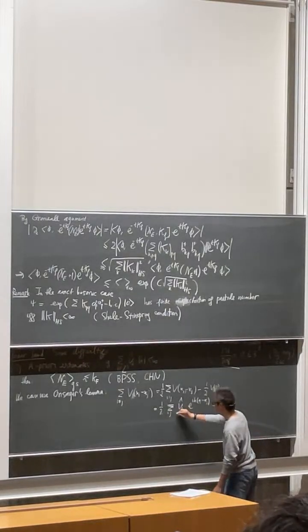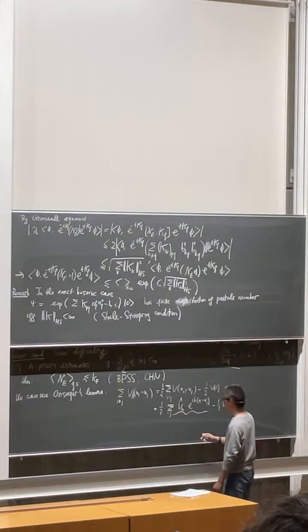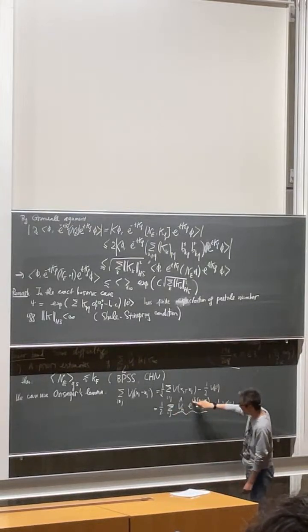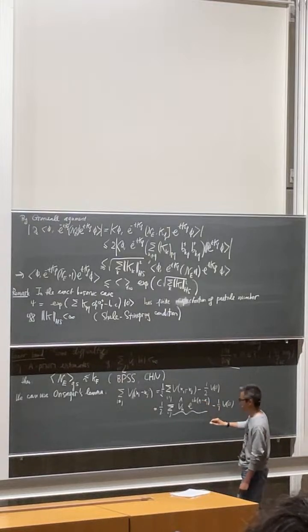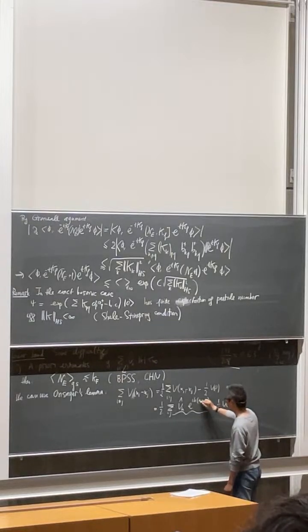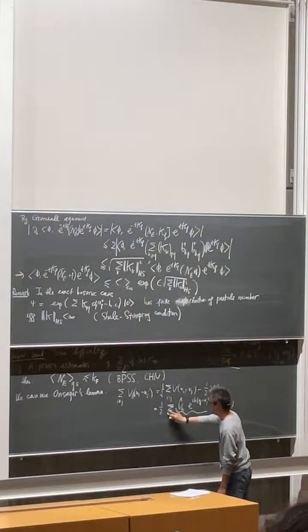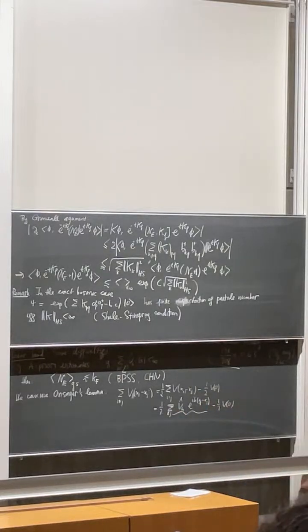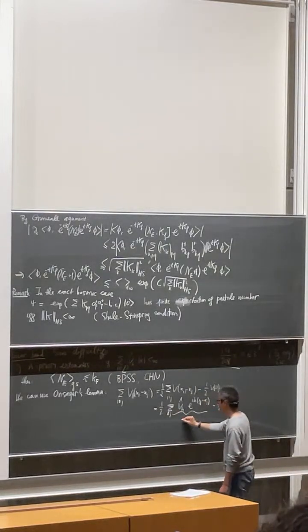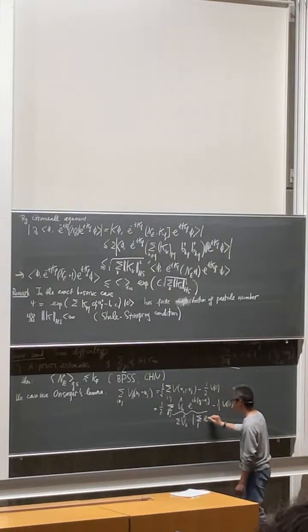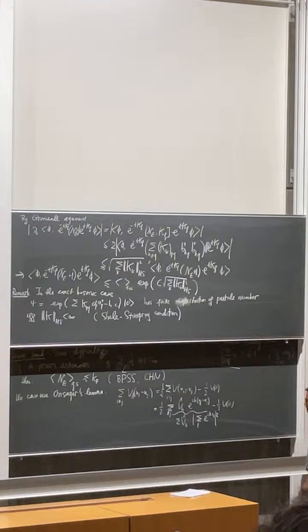The index here is not the same as before, so you can write this as a sum over l, and this is non-negative.